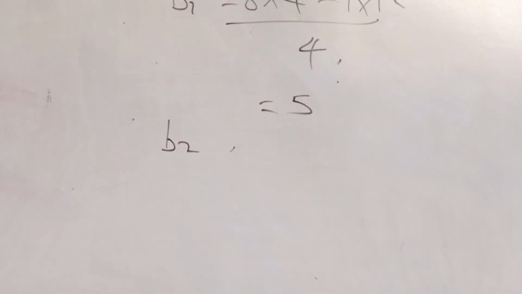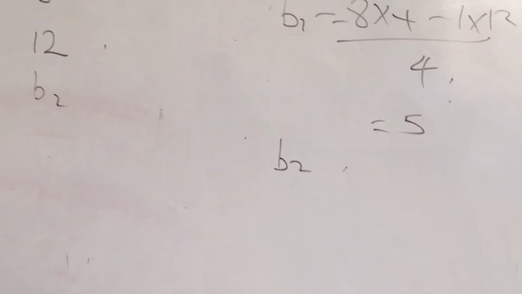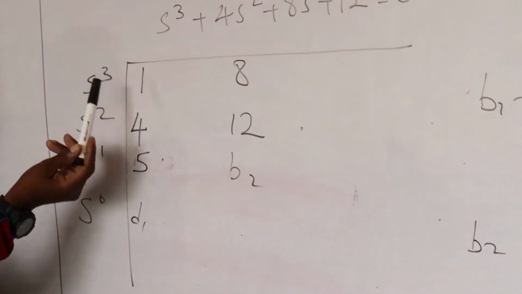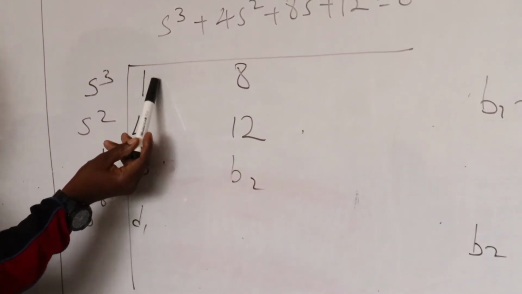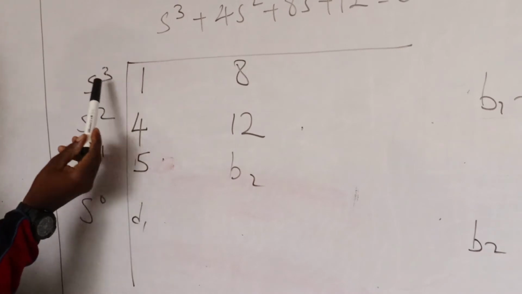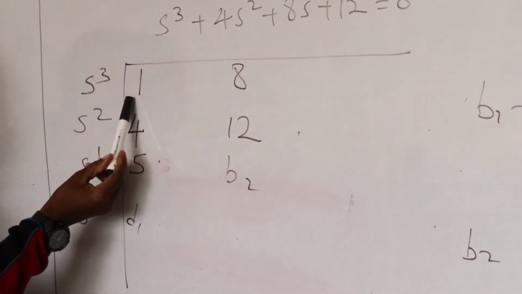You get what I'm saying? I want us to look at why I'm saying you cannot calculate it. Looking at this power, this is S raised to power 3, which means whatever is in the first column here is a coefficient of S raised to power 3. Is that clear?